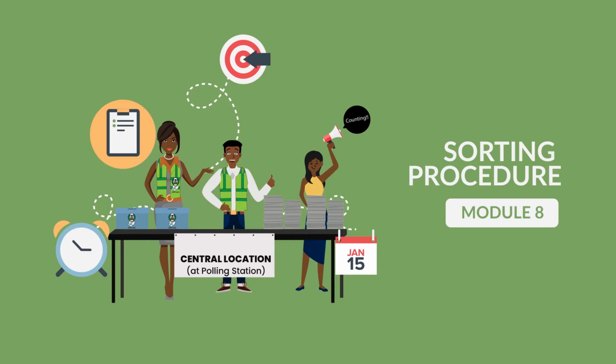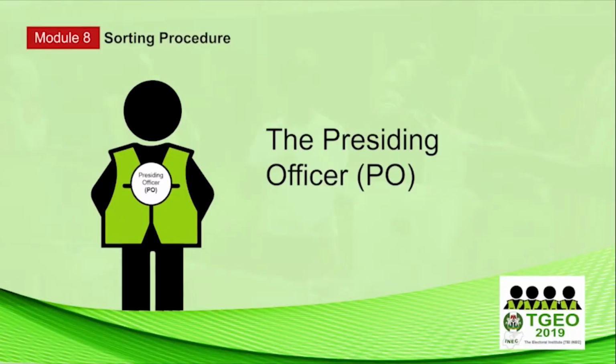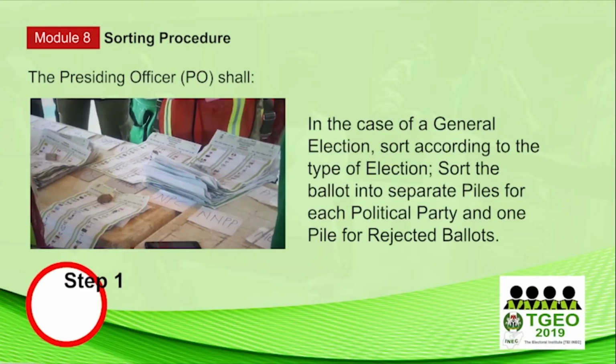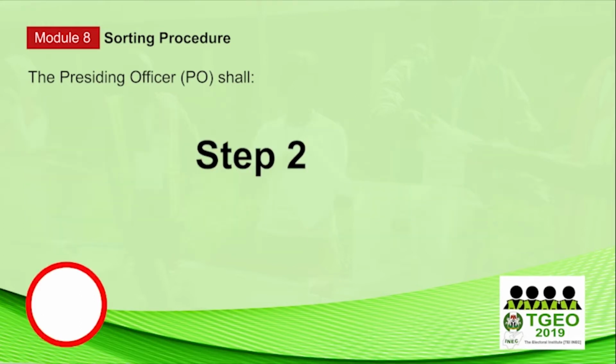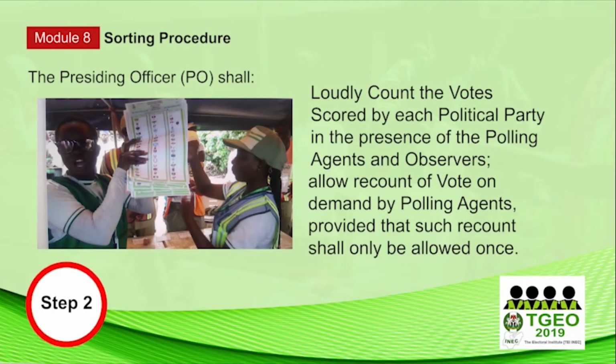The presiding officer (PO) shall: Step 1. In the case of a general election, sort according to the type of election. Sort the ballot into separate piles for each political party and one pile for rejected ballots. Step 2. Loudly count the votes scored by each party in the presence of the polling agents and observers.